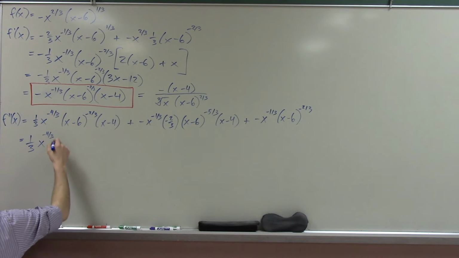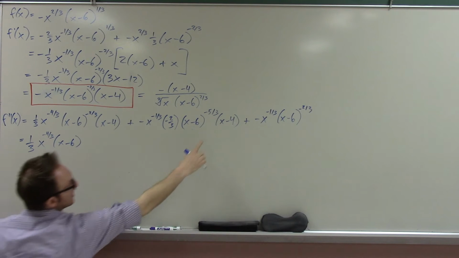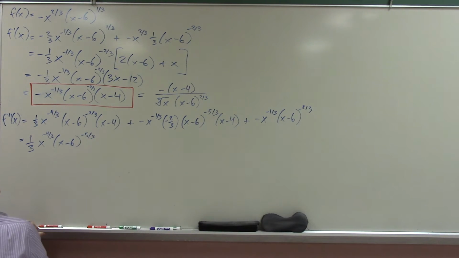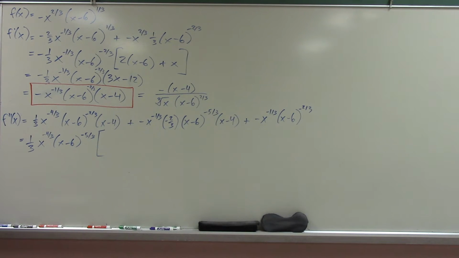Okay, and I can also take out some x minus 6's because they all have x minus 6's. So I'll take out the lowest power of x minus 6, which is to the negative 5/3.